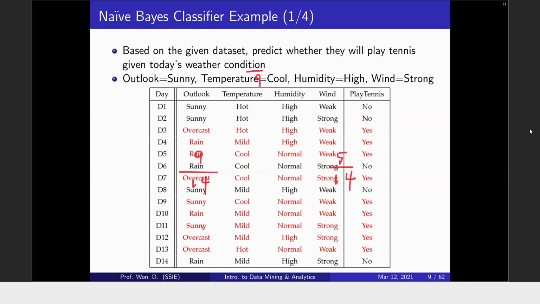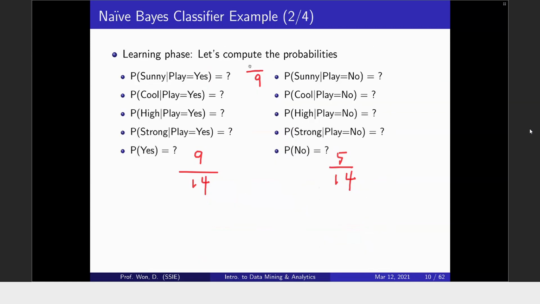1, 2, okay? 2 times we are sunny. Then this one is going to be 2 times, okay? Then also we can think about it 9, 9, 9 something. Same thing in the no, 5 times, okay?